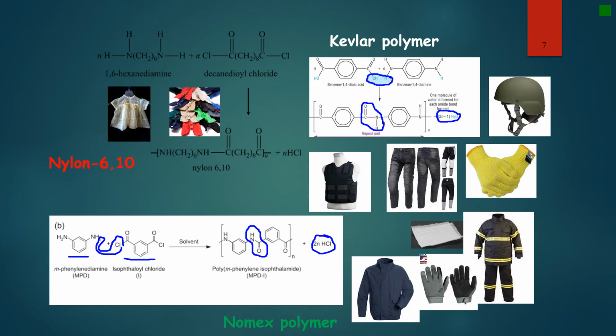The main difference between Kevlar polymer and Nomex polymer is that the arrangement of the functional groups in Kevlar is in para position, that is 1,4, while for Nomex, the arrangement is in meta position, that is 1,3.